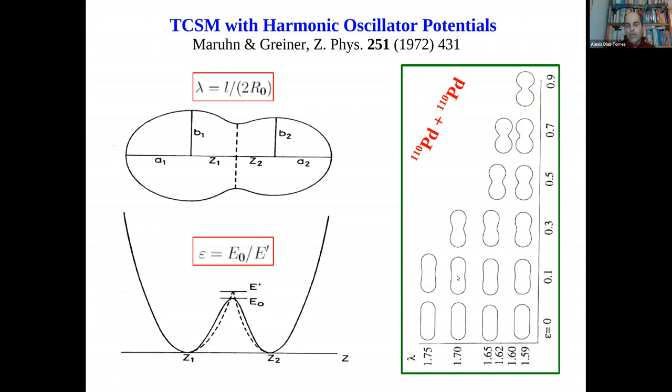Another collective coordinate in this model is the deformation of the fragments, defined by the ratio of the semi-axes, for example B2 divided by A2, which defines a beta deformation parameter. Another one is the mass asymmetry, or volume asymmetry, a parameter that describes how different in mass the two fragments are.